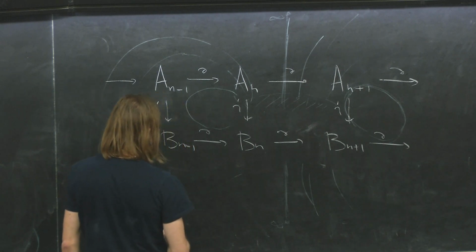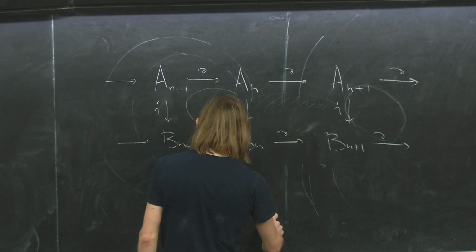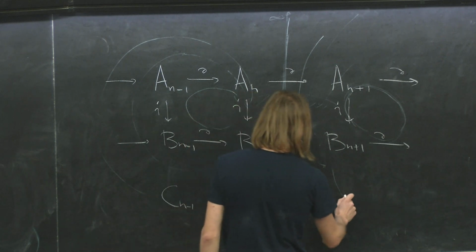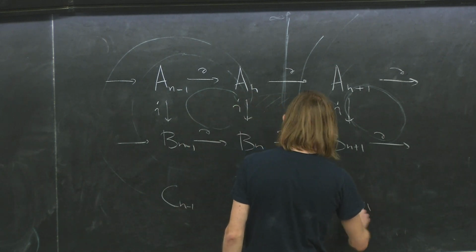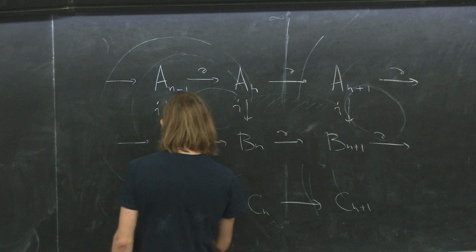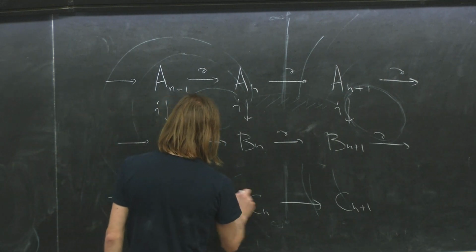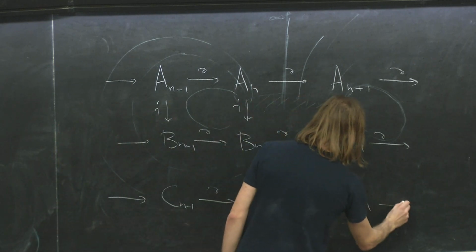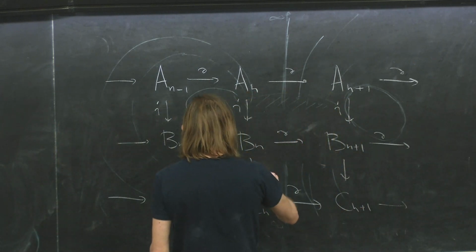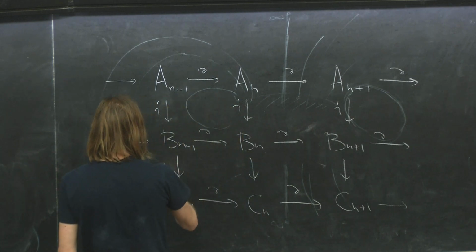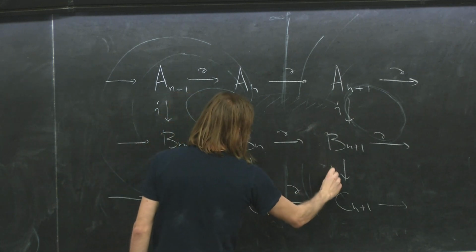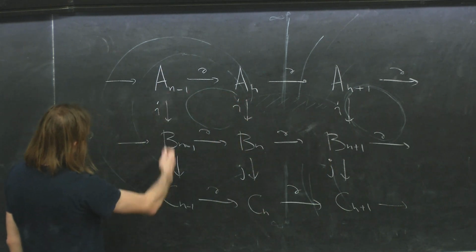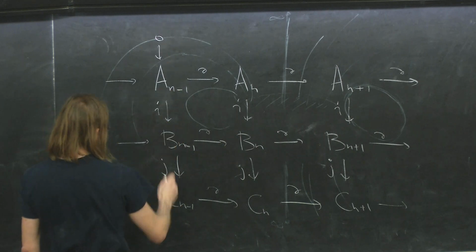And then we consider a special case when we have also a third chain complex C, then a bunch of maps from the B groups to C groups, which is denoted by J. And we require that now the columns form short exact sequences.